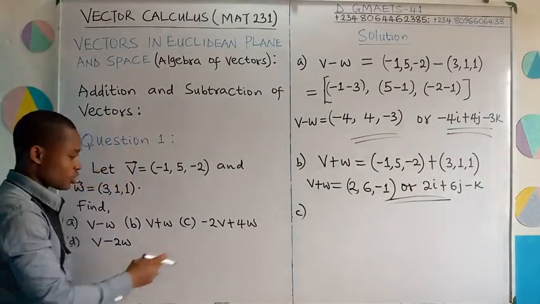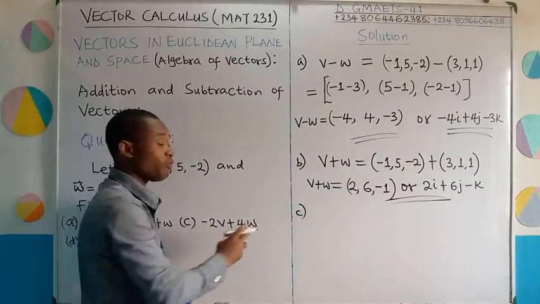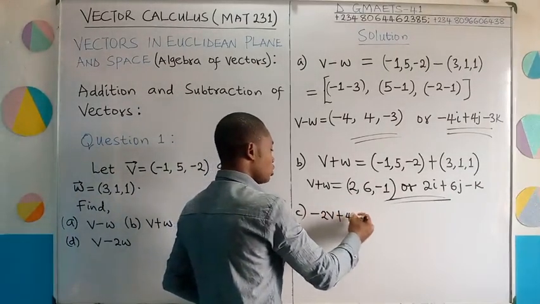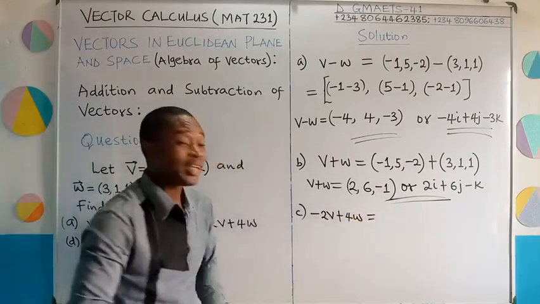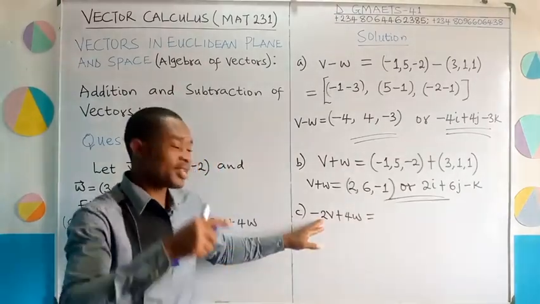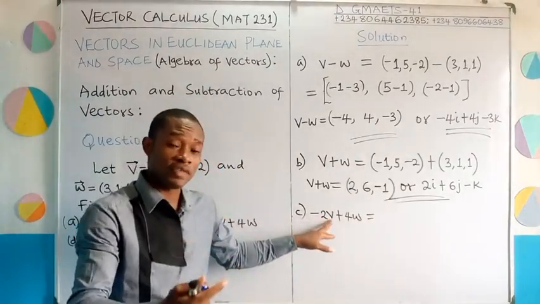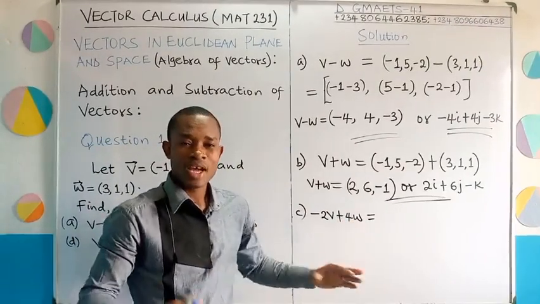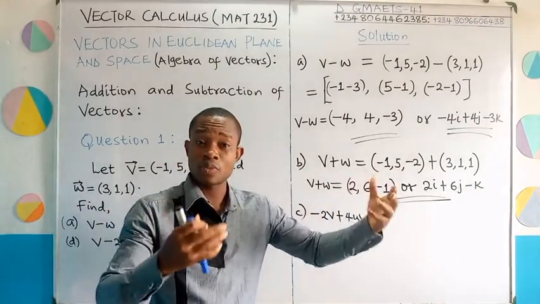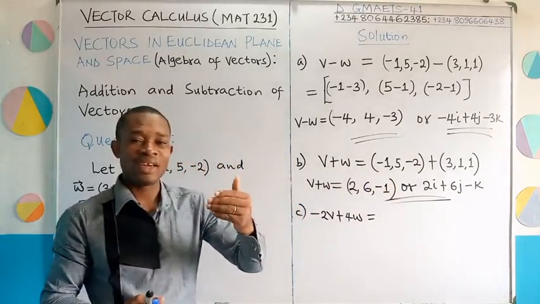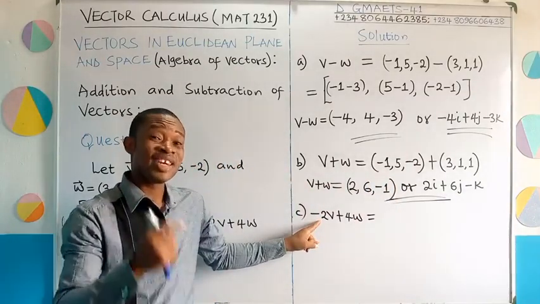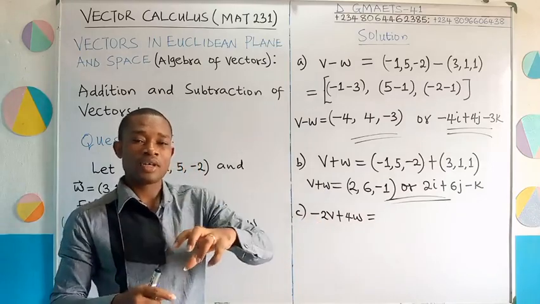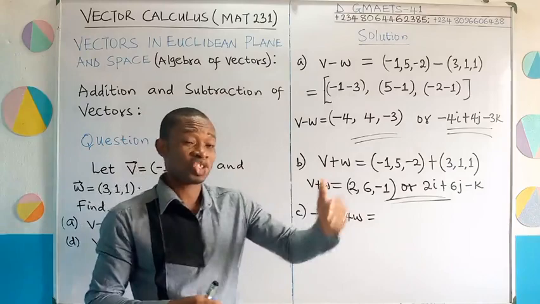Then C part, we are asked to evaluate minus 2v plus 4w. Minus 2v plus 4w. How do we solve this? Now observe that in this case we are using a scalar to multiply the vector v and then another scalar to multiply the vector w. And like we said by the algebra rule, if you are using a scalar, because this is minus 2, a number, are you following, to multiply a vector, then that scalar will multiply each term of the vector.